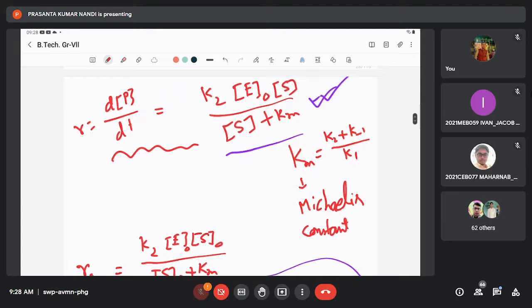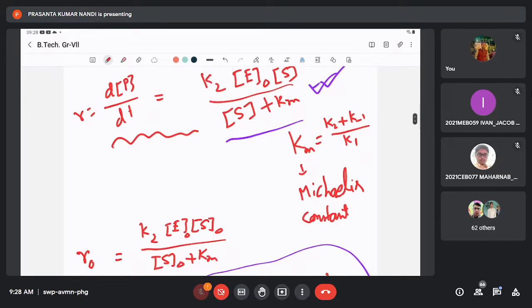Now, with this equation, let us consider what happens at the very beginning of the reaction. What is the observed rate when an enzyme catalytic reaction has just started? That we denote by a reaction rate which has a subscript 0, which indicates this is the initial rate of an enzyme aided reaction, right?